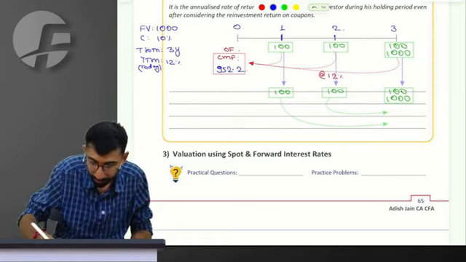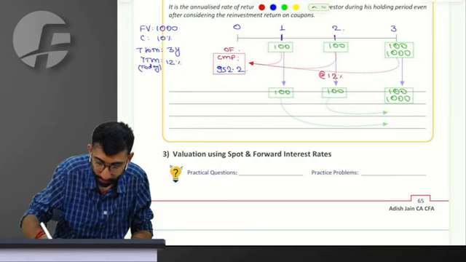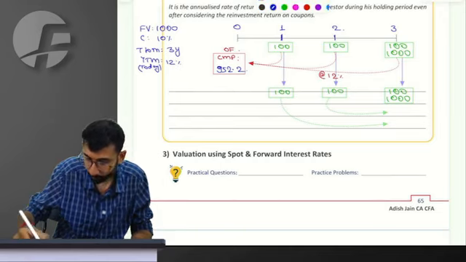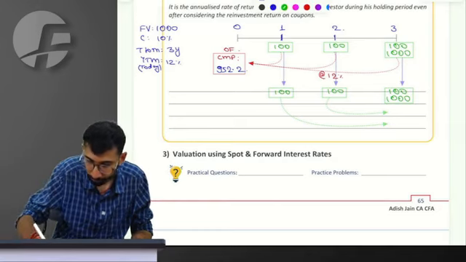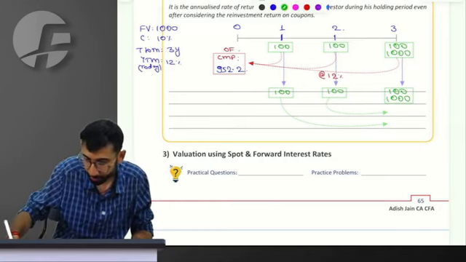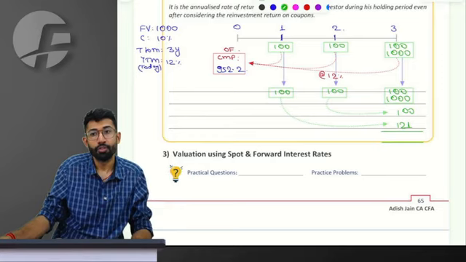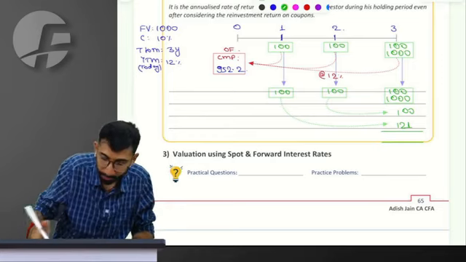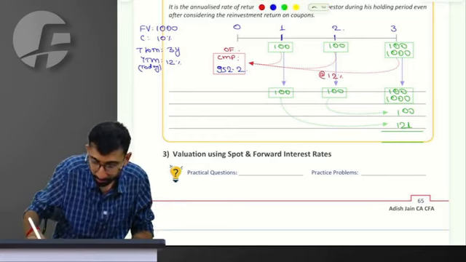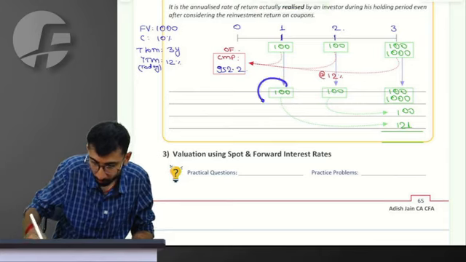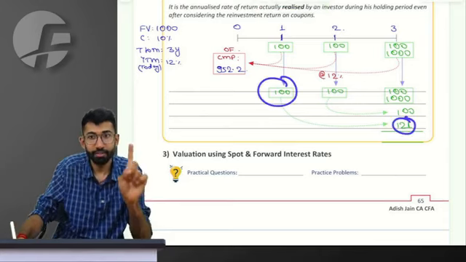At the rate of 10%, when this 100 gets invested, it becomes 121 and this becomes 110, and the total amount I will receive at the end of third year will be how much? This 100 has become 121, this I receive.